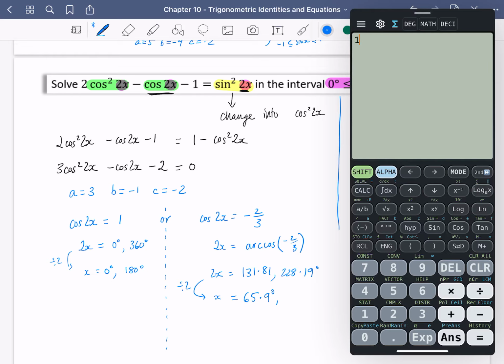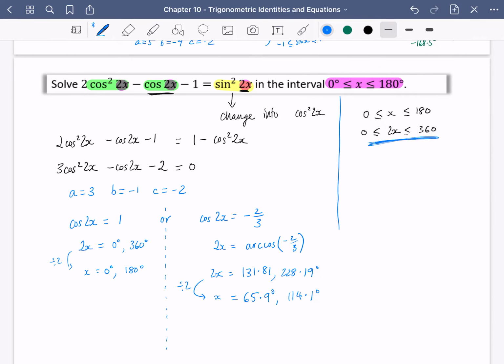And my next one, 228.19, I'll divide that by 2, and I get 114.1 degrees, and all of my answers here are to 1 decimal place. So in summary, my solutions are 0, 65.9 degrees, 114.1 degrees, and 180 degrees.